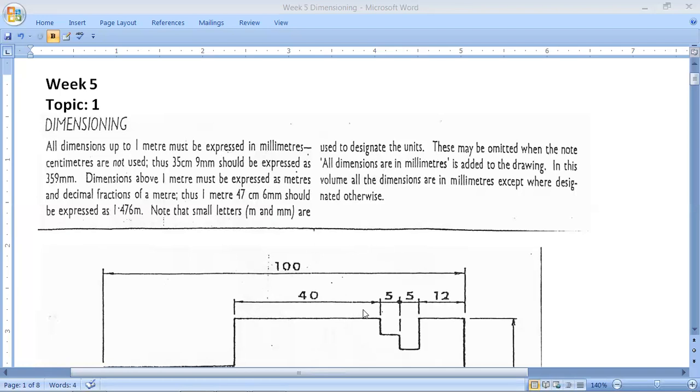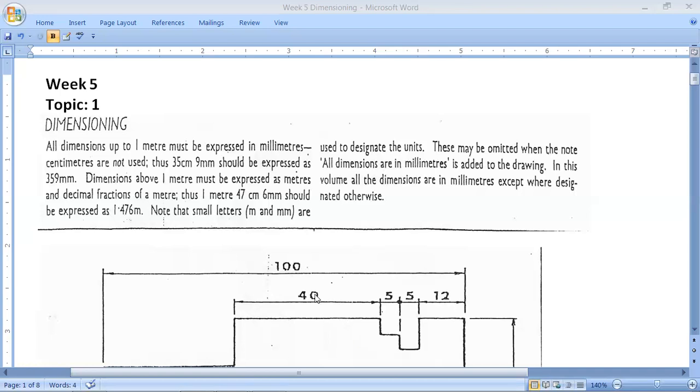When you place that information in the title block, and you say millimeter, then when you start dimensioning the drawing, you don't need to be placing again 100 mm, 40 mm, 5 mm, 12 mm. Not necessary, because the title block already says that all measurements are in millimeter, or in the particular unit that you are using.